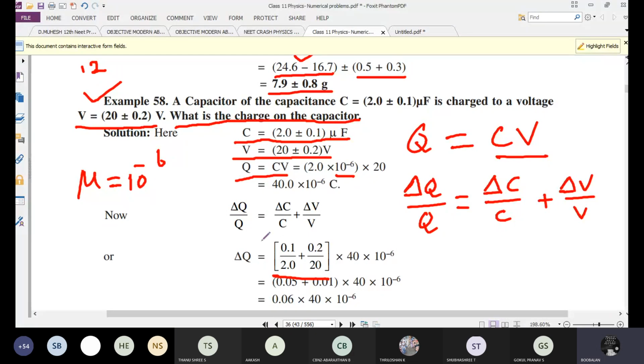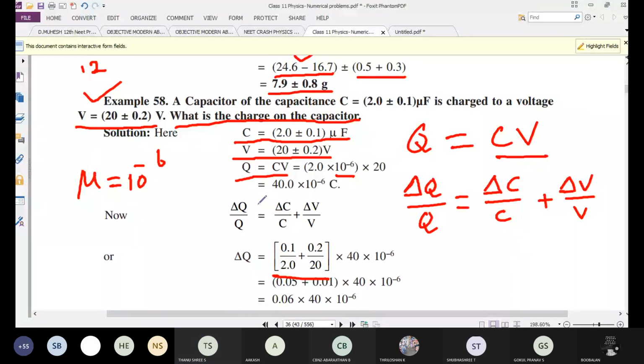Up to that, if you have any doubt, you can ask. So this is the error in product formula. Next, I am applying the values. After that, if you have any doubt, you can ask. Shall we go for next? Yes, sir.